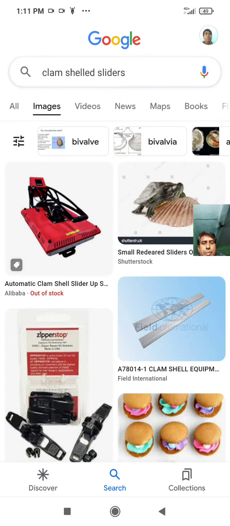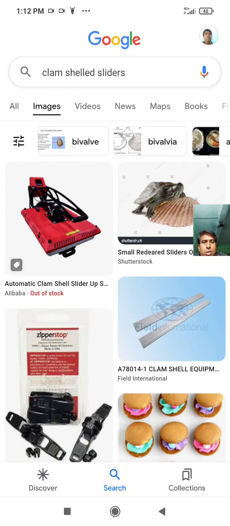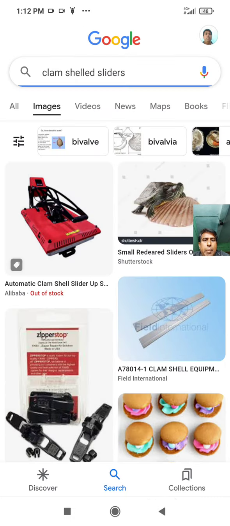So this is the clamshell slider. Please understand that there is nothing much we can see. I am not a mechanical engineer, so I don't know. Slider types may be covered later. Maybe garment students, when they come here, can teach us.